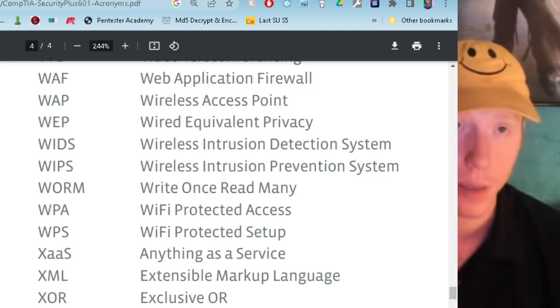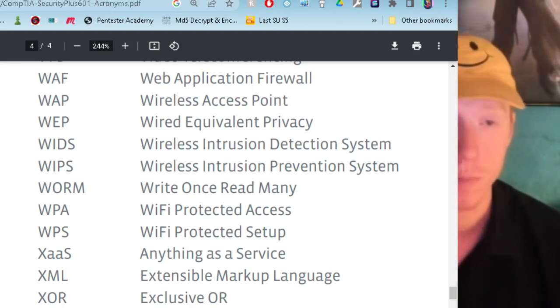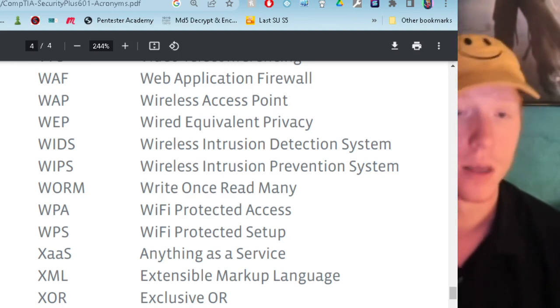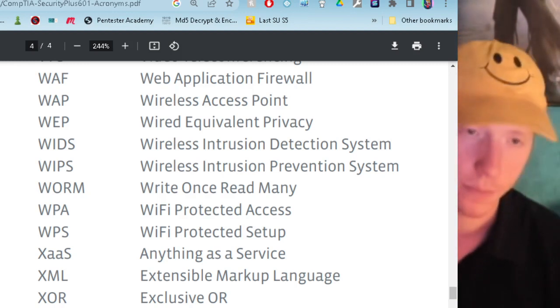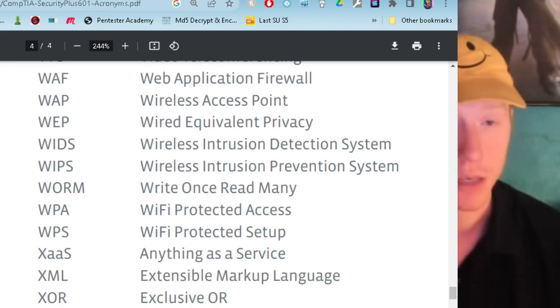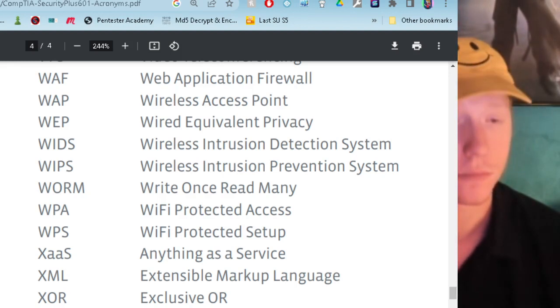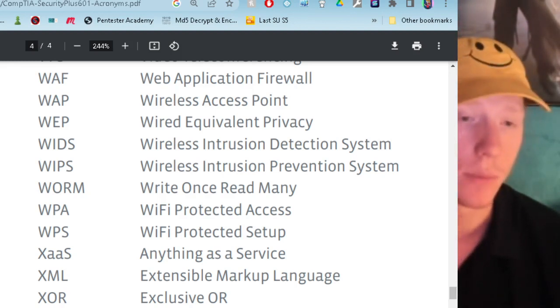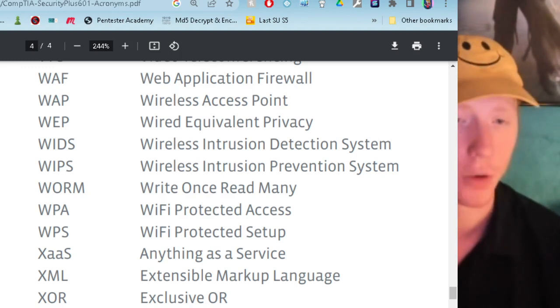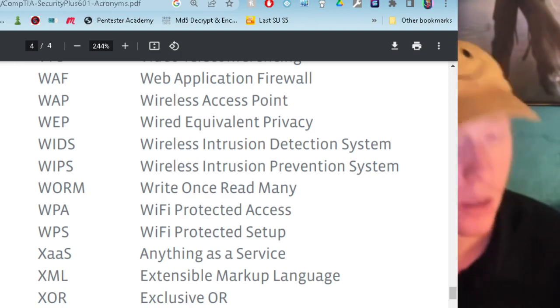We have network-based intrusion detection system, we have host-based intrusion detection system, and we have wireless. And then we have WIPS, which is a wireless intrusion prevention system. WORM, write once, read many. That means you don't have write access, you only have read privilege.